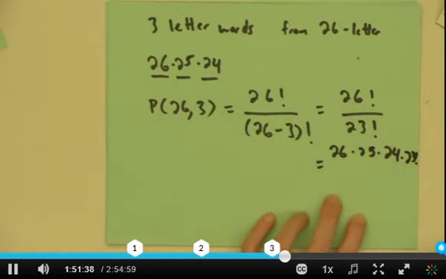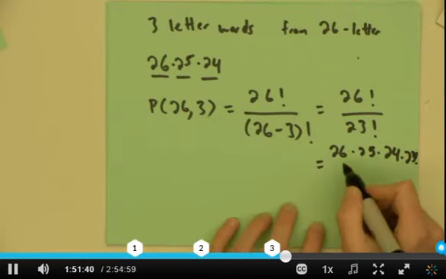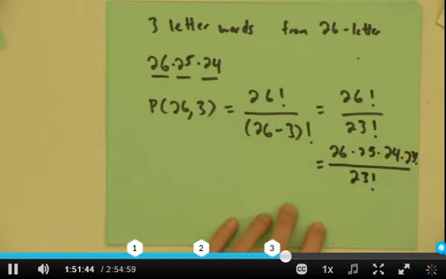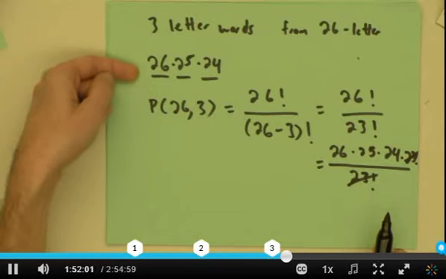Apologize for the notation there, it's hard to see. The reason why writing it that way helps me is there's a 23 factorial here that I can cancel with the 23 factorial in the denominator. And what's left is 26 times 25 times 24. That's exactly the approach we found up here.